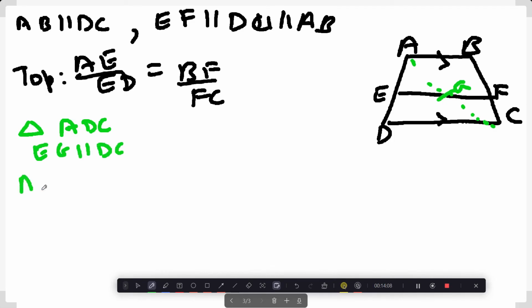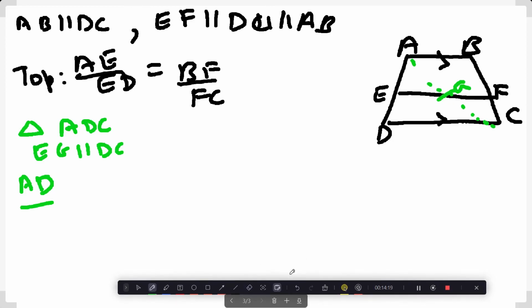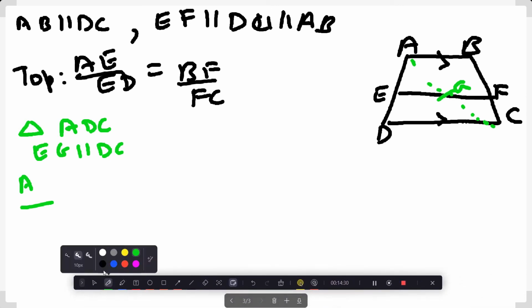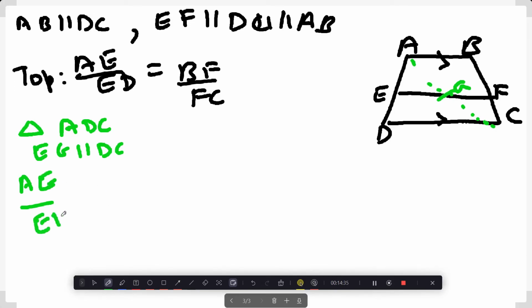So by theorem 1 that we learned, AE by ED is equal to AG by GC, right? That's what we are able to see.